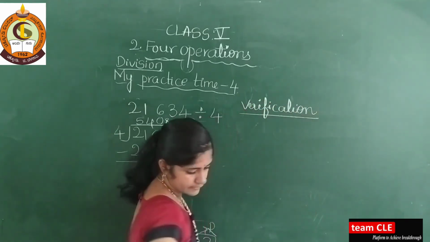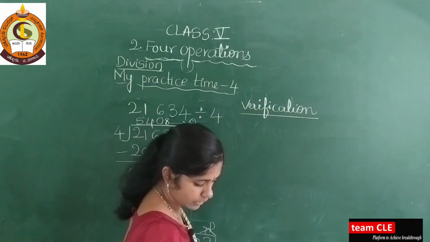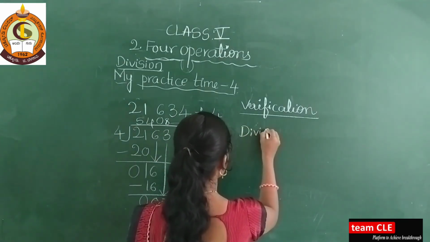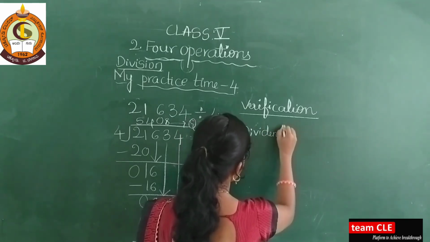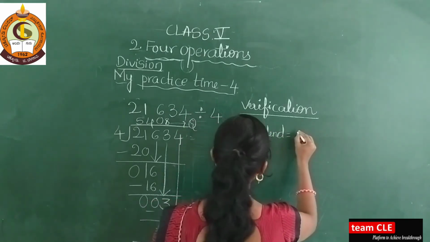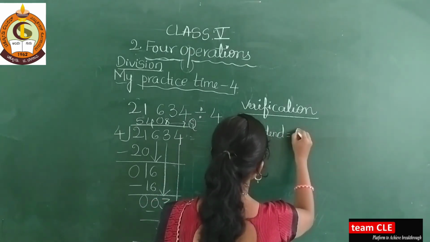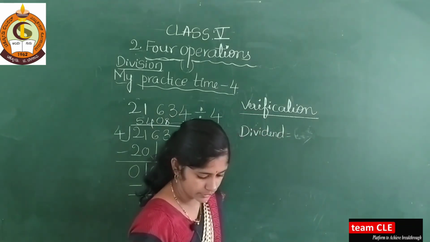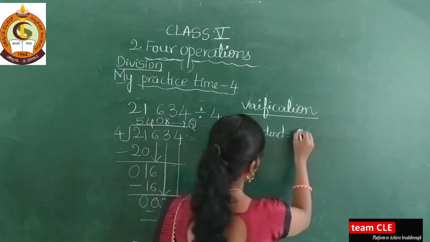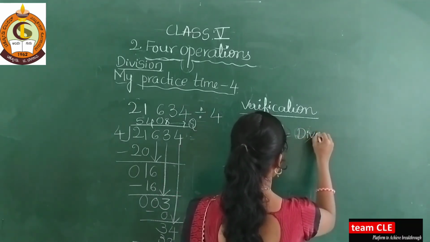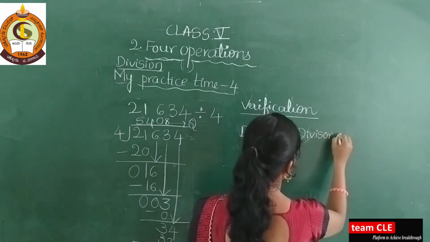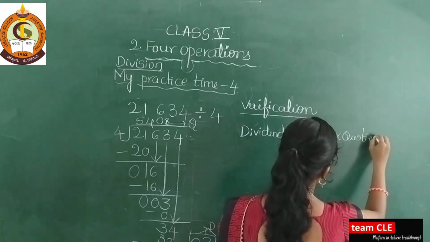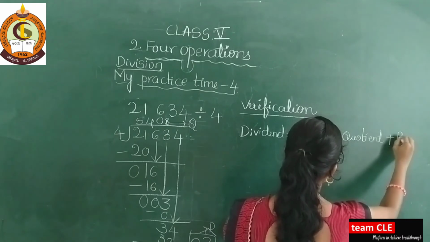See here, next one formula you need to keep in your mind: dividend is equal to divisor into quotient plus remainder.